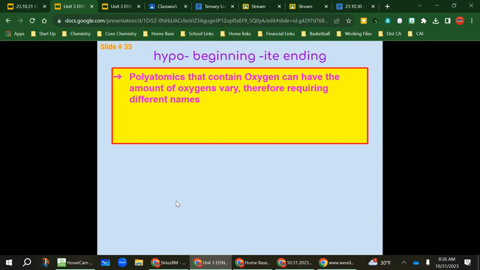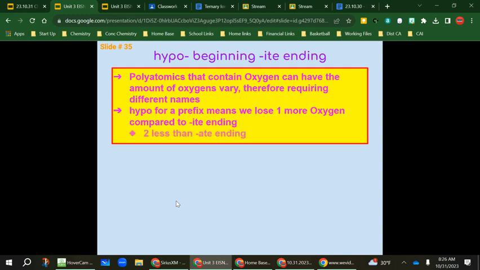Those are the three things that can happen, okay? Now, can acetate lose two oxygens? No. There still has to be oxygen there, okay? So acetate cannot lose both of those oxygens and become hypoacetate, okay? Because there's got to be oxygen in it for that to happen, okay?